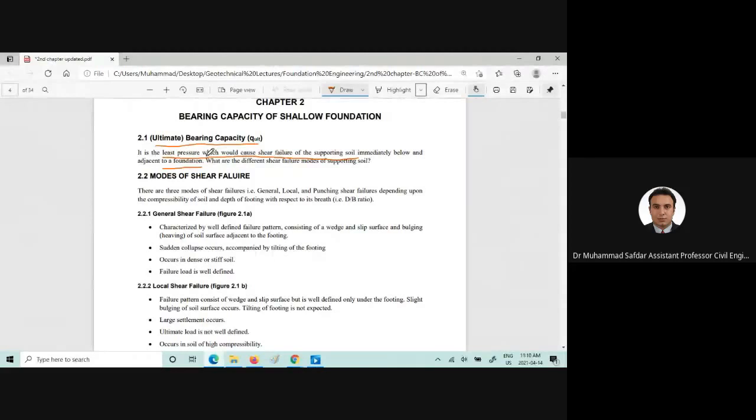And if you remember, we discussed in the previous introductory lecture that whenever we are designing a foundation, that is dependent upon the two criteria, which is the shear failure criteria and the settlement failure criteria. And settlement was equal to 25 millimeter or 1 inch. So the least pressure which would cause this shear failure criteria to occur, that is known as the ultimate bearing capacity.